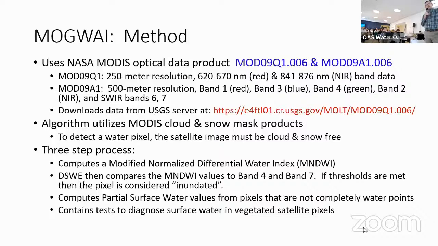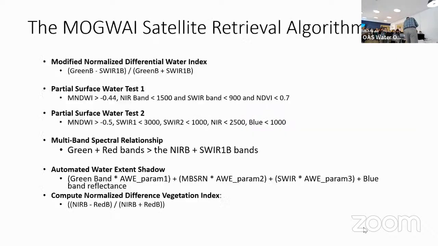Okay, and then here's the process. The algorithm is, I think, on the next page. This is the algorithm. What I didn't give you is, once you create the mask, the last step in your GIS program is you have to essentially go around and calculate the area of all the pixels that were water covered.